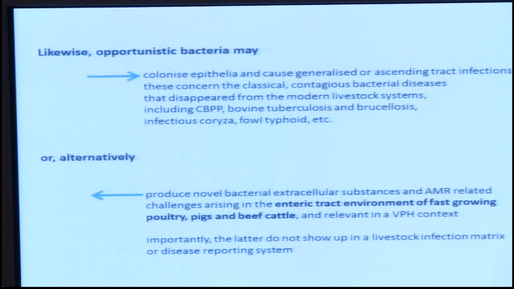And these are, in fact, the classical bacterial livestock infections that are disappearing from most modern livestock husbandry systems, whilst another group is rapidly on the increase, and these are the novel forms of bacteria and also the bacterial extracellular substances that are produced by the bacteria that are found on the surface of the mucosa in the enteric tract environment.